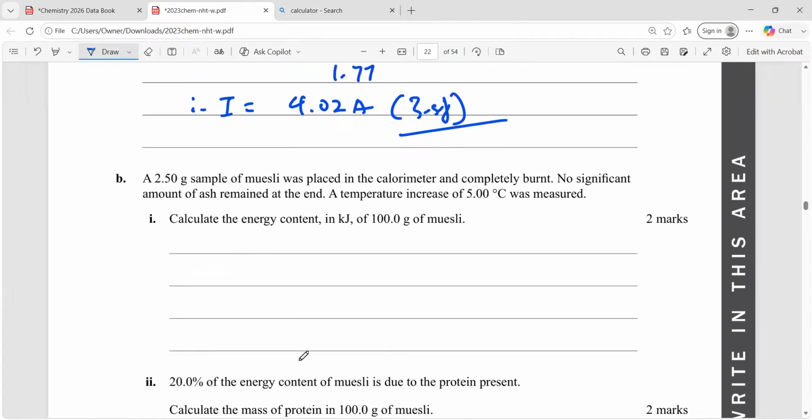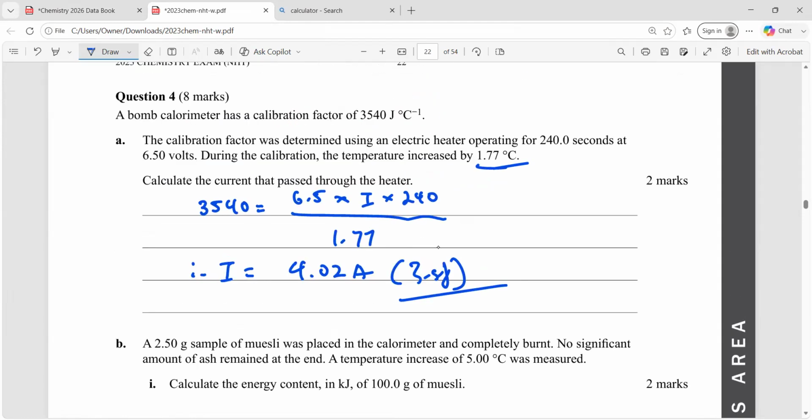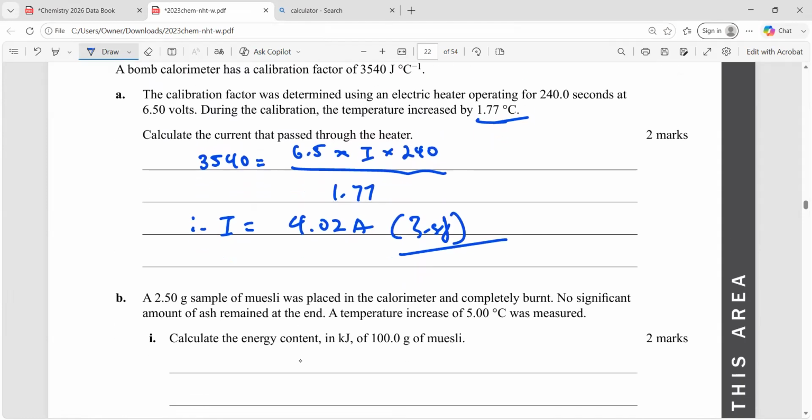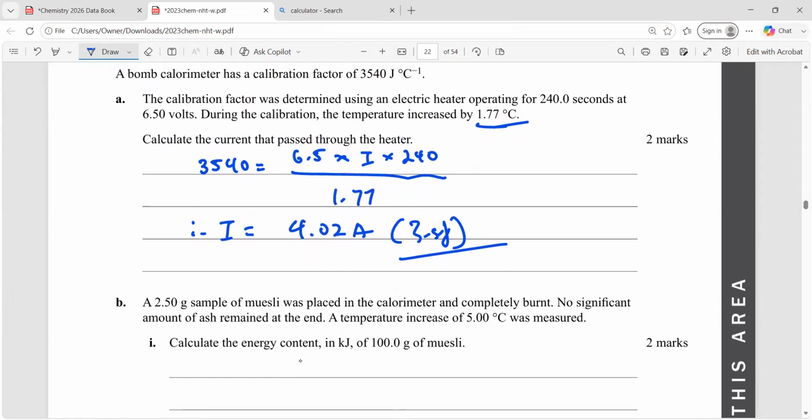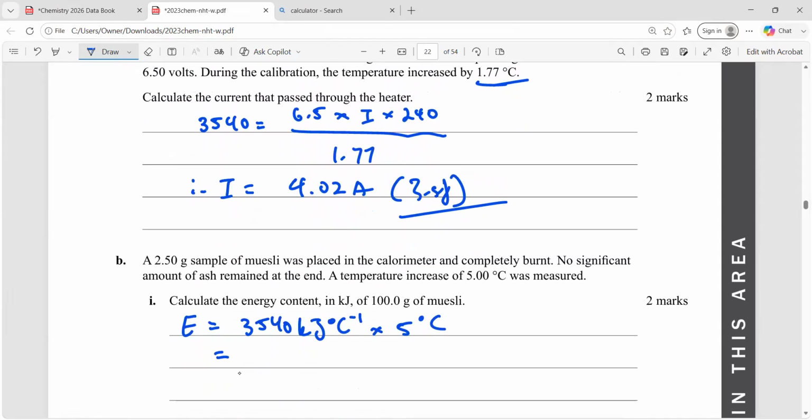For a temperature increase, basically we have our calibration factor, which is 3540 joules per degree Celsius. If we had a temperature change of 5 degrees Celsius, generally speaking, energy equals 3540 times 5 degrees Celsius. Oh wait, no, it's joules.